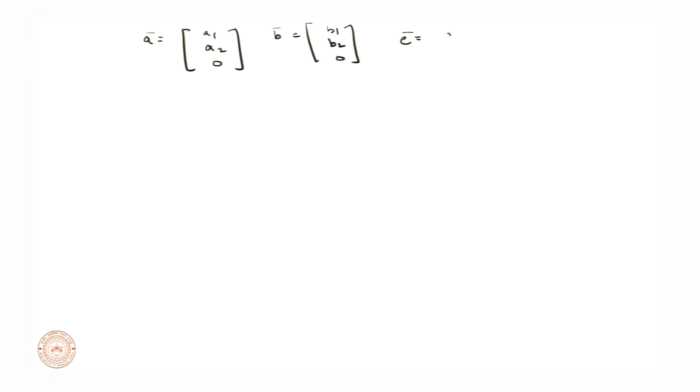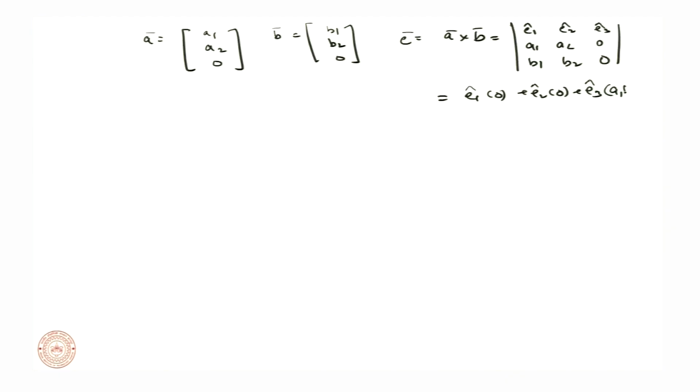C vector is A cross B, that is a determinant with e1, e2, e3, a1, a2, 0, b1, b2, 0. This equals e1 into 0, e2 into 0, and the e3 term has a1 b2 minus a2 b1. So our vector is 0, 0, a1 b2 minus a2 b1.